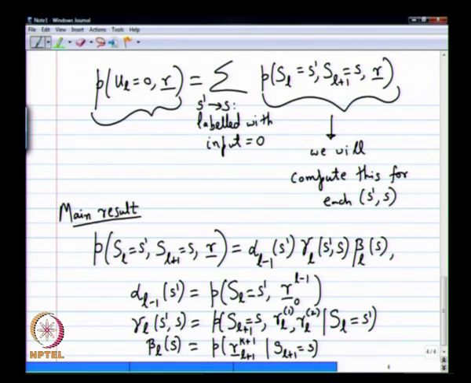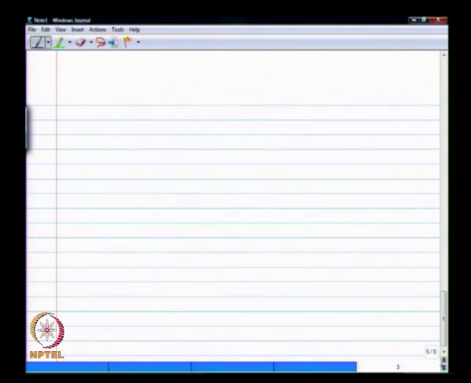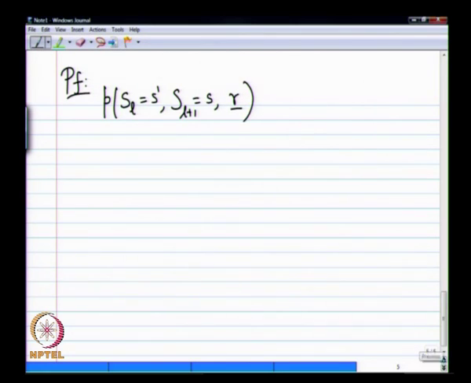Okay. So let's see a quick proof of this. The proof is not too hard. It's quite straightforward, just that the notation is a bit clumsy, but it's quite easy. So SL equals S prime, SL plus 1 equals S, and then the entire vector R. This is what I want to write down, right?